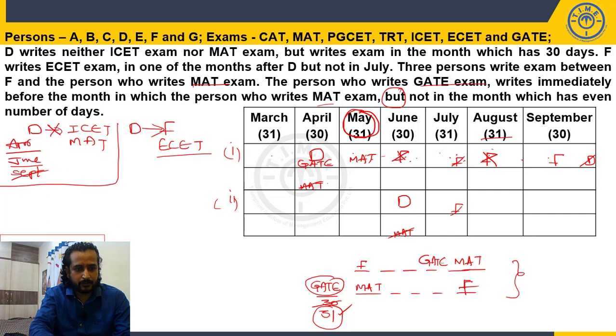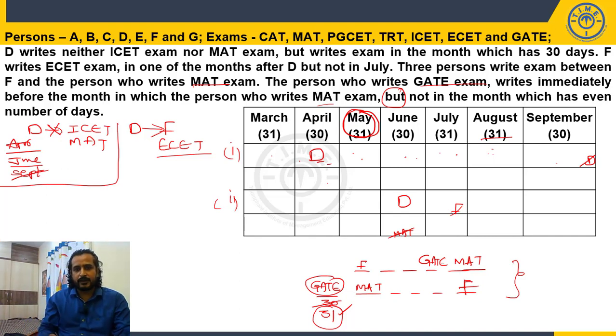So let's write that possibility. So it is the only arrangement possible in case 1.